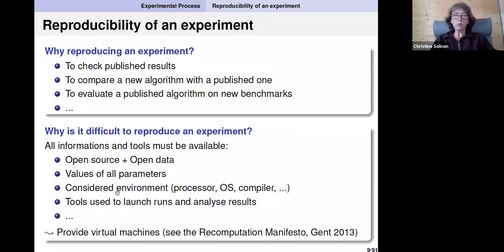So it is very difficult to reproduce an experiment, especially if it has been done 20 or 30 years ago. A solution proposed by Jan Gent is to provide virtual machines. In this case, you can always reproduce an experiment. So this is a really good practice to do.